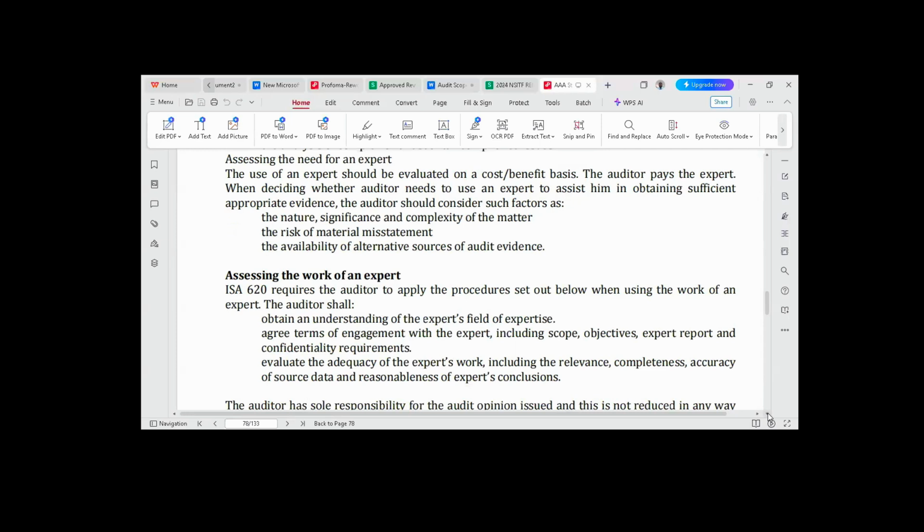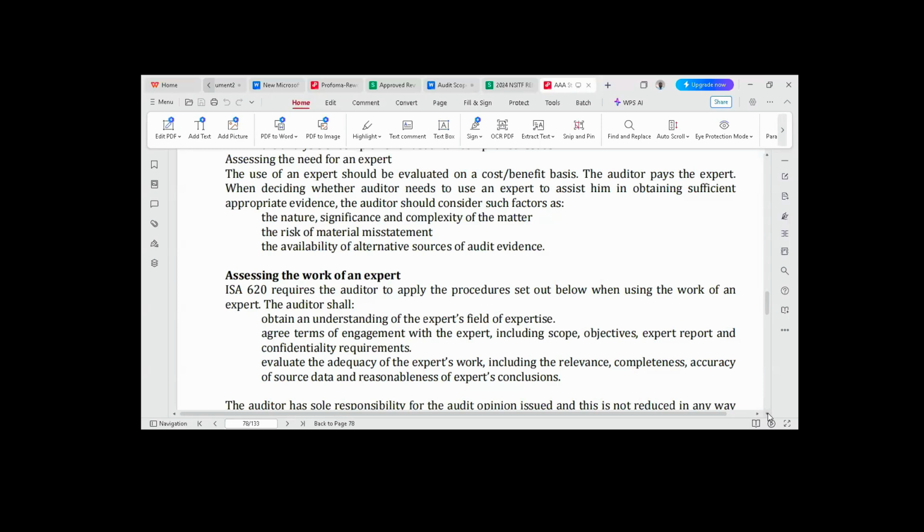Because the risk of using the work of an expert is that at the end of the day, the auditor takes full responsibility for the report provided, submitted, presented by the expert. I take it again.